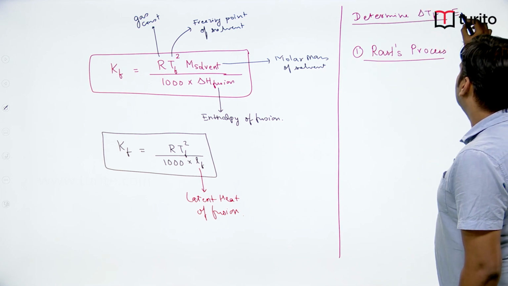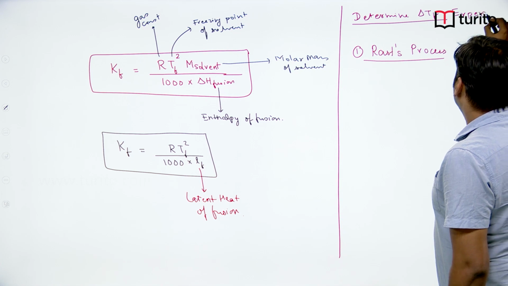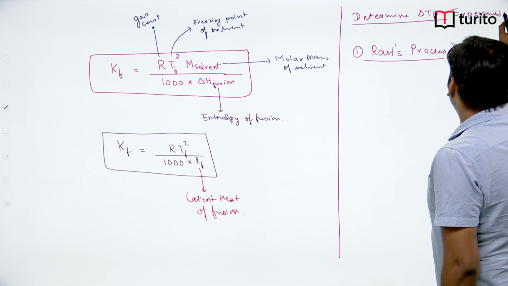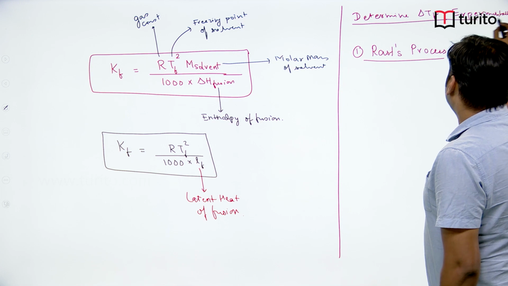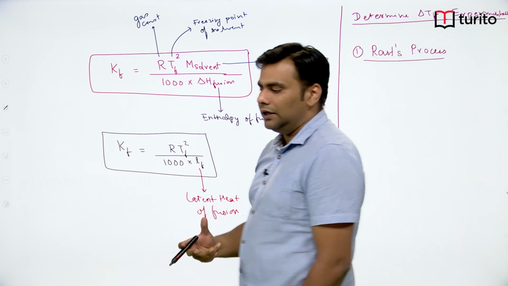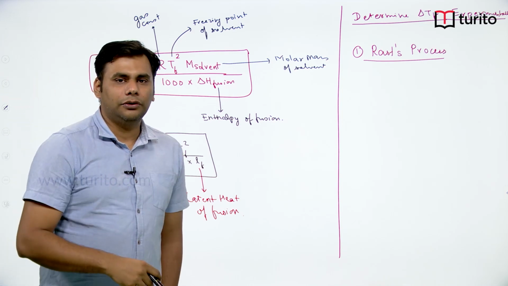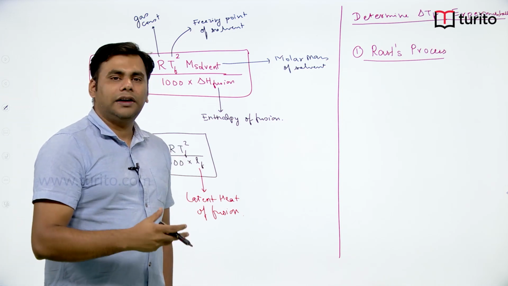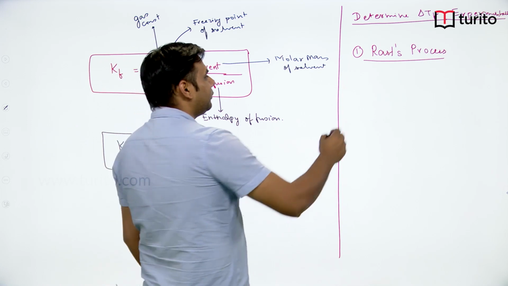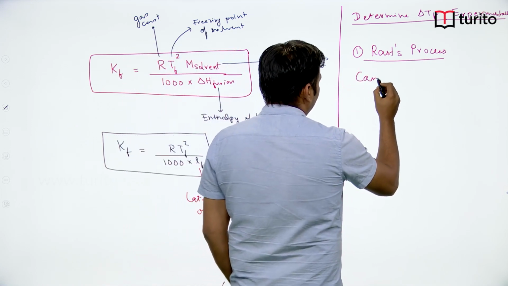One is known as the Rast method. What happens in the Rast method is we take any unknown compound, an unknown solute, and we dissolve it in camphor as a solvent. So in this process we are taking camphor as the solvent.